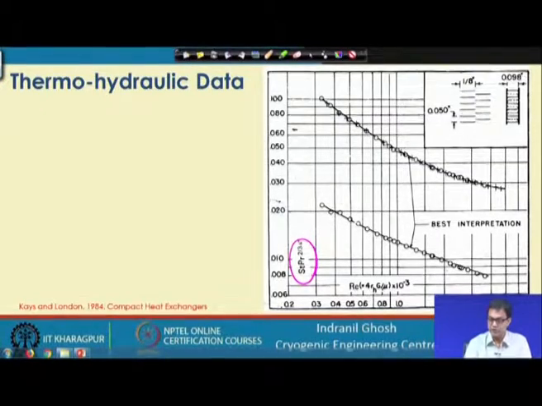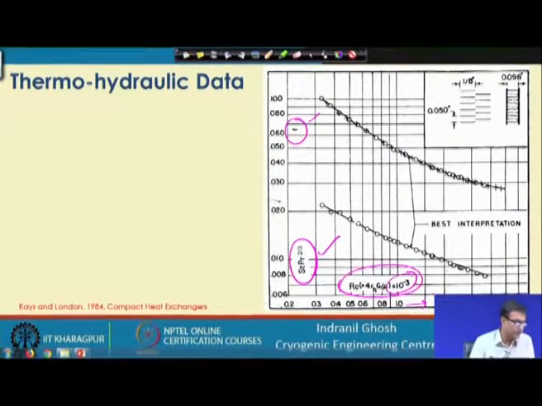Basically, this is the J factor, and this is the friction factor. At this moment, we will not look for the friction factor; we will look into the J factor to calculate the heat transfer. This is the Reynolds number, and please note that it is multiplied by 10 to the power minus 3. Corresponding to 589 and 842, we have to find the J factors.